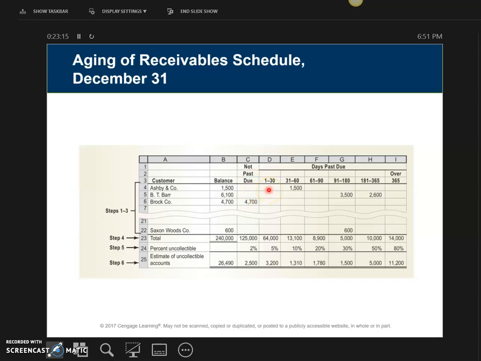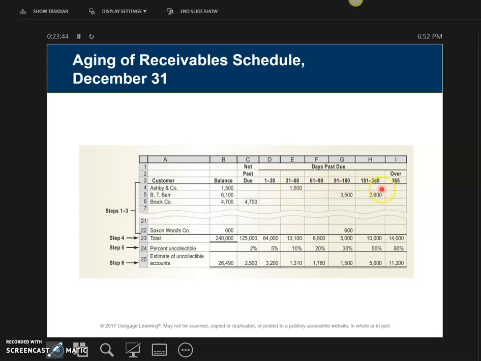In the 1 to 30 days past due, the invoice date is at least 31 days old in order to fall into this category. And again, 31 to 60 means the invoice date is at least 61 days past, because the first 30 are my credit days, and then it's past due by 31 days plus the 30 from the original.